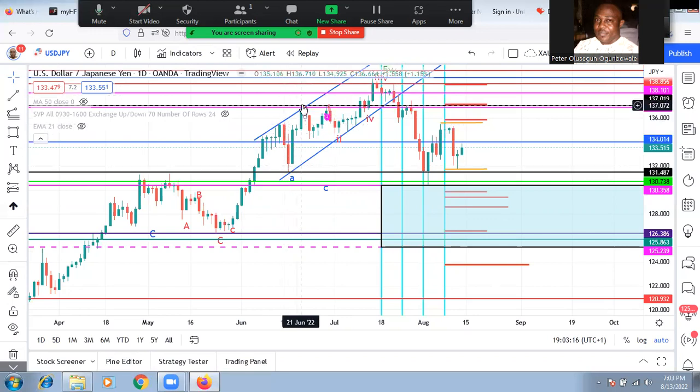Sorry, a 1, because after this move, this is a 1, a 2, a 3, a 4, then a 5. So we begin to see this. This one actually went past this, and we see this move to the downside. And this move to the downside, of course, we missed it.